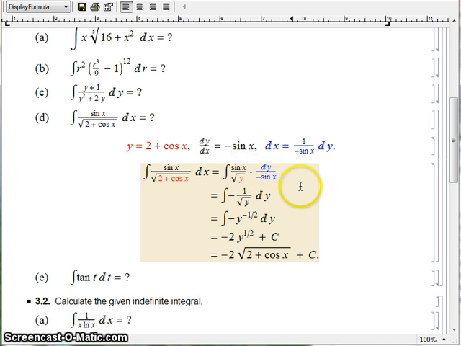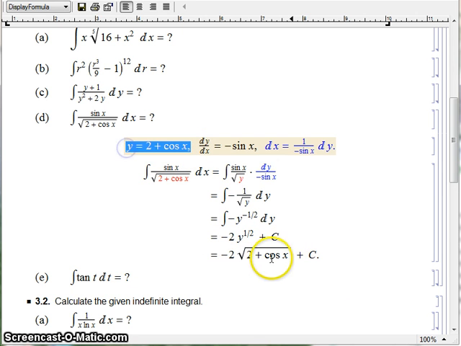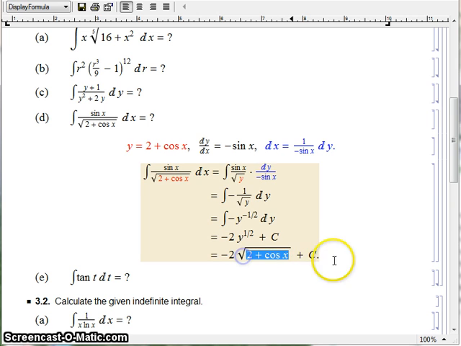Well, sine of x cancels out, and then I get the integral of y to the negative 1/2 power, because 1 over the square root of y is the same as y to the negative 1/2 power. So we can use the power rule as before. Add 1 to the power and then take the reciprocal. This is a correct antiderivative, but not the final form. So substituting y equals 2 plus cosine of x back in, we have the final answer.